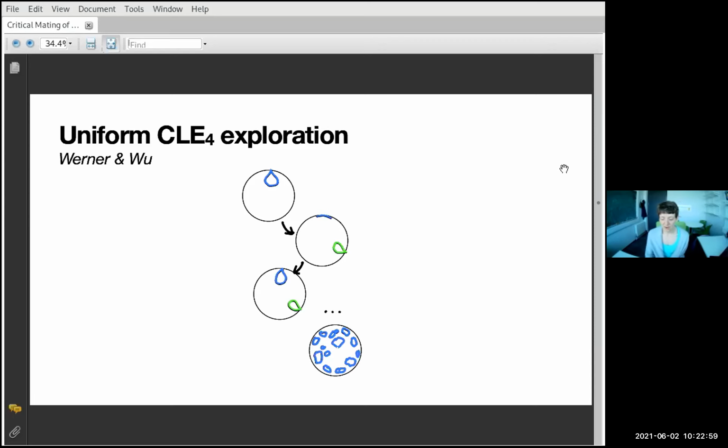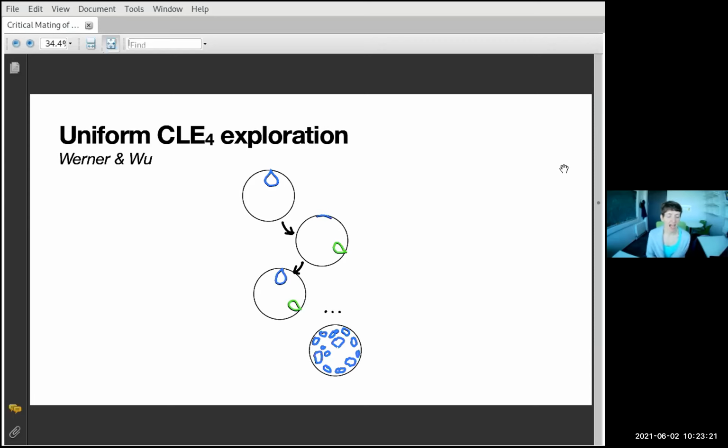Okay, so I have an infinite measure on these bubbles, and if I have such a measure, I can take a Poisson point process of these bubbles. And basically, you can use this Poisson point process to grow or construct dynamically a CLE4 just by adding in the bubbles one by one in the order they appear in some kind of conformal way.